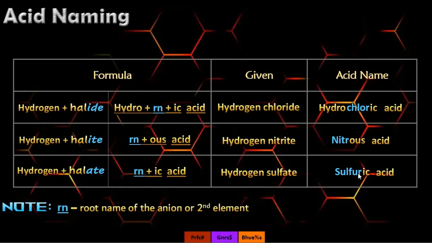Probably this is explained in your IUPAC class, why they decided to use sulfur as the root name for acid naming. Remember, IUPAC is the one that decides which terms to use for all the names in science and chemistry.